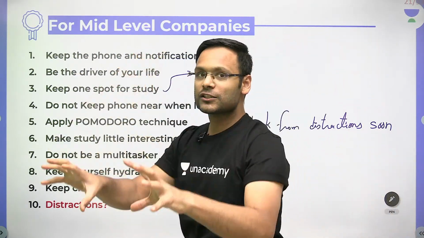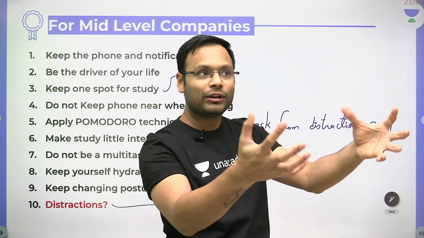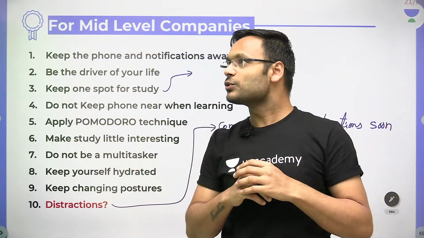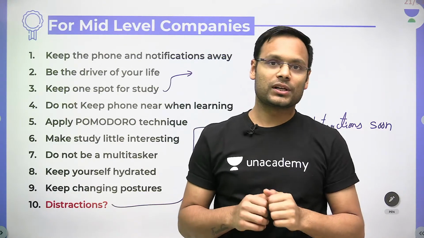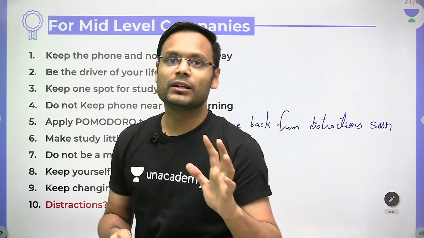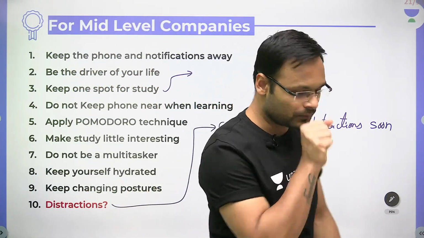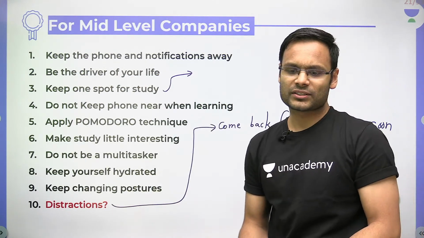Keep your parents' picture in front of your eyes, so that whenever you see everything collectively, you think, no yaar, I have to study. Everything you see around you will remind you that you have to come back to study, boss. No distractions.